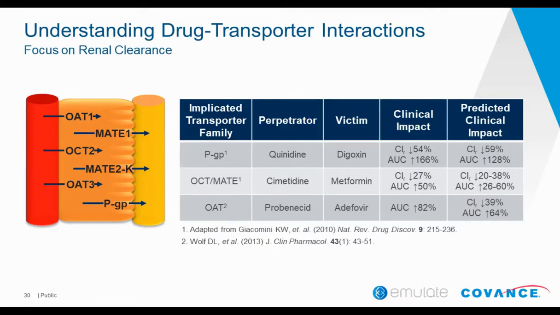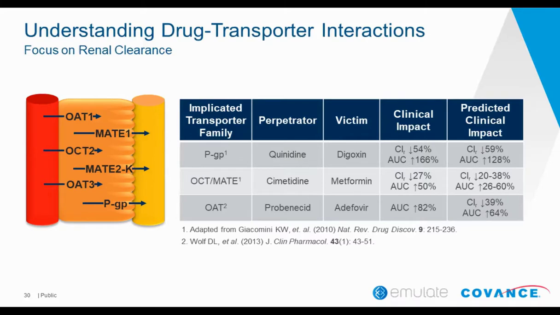This, in turn, is also replicated through the other transporter interactions that we would expect to see. So as previously talked about with PGP, with quinidine and digoxin, we do the same with cimetidine and metformin, as well as probenecid and adefovir. Again, with metformin, we would expect to see a reduction in renal clearance of about 27%.